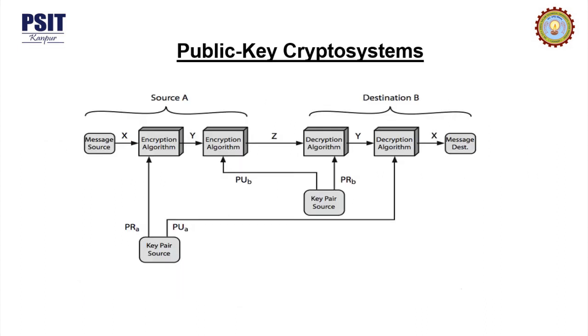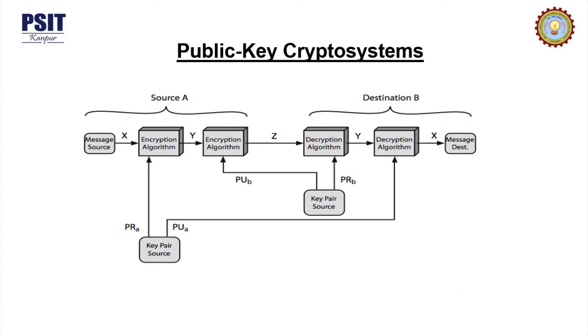This diagram shows the public key cryptosystem where we are trying to maintain the authentication and confidentiality of a message. Here, first we encrypt our data with the private key of the sender, and then we encrypt the message with the public key of the receiver.